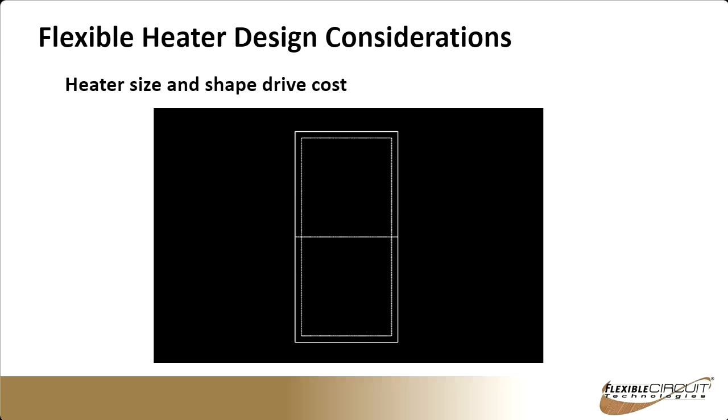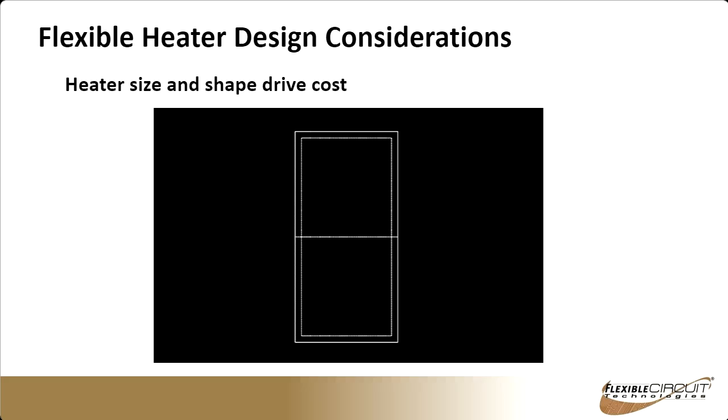So just for discussion, let's call this panel a 12 by 24 inch panel, and it has a little bit of a perimeter around it. And this particular application is actually a flex circuit, but the same rules hold true for flexible heaters.